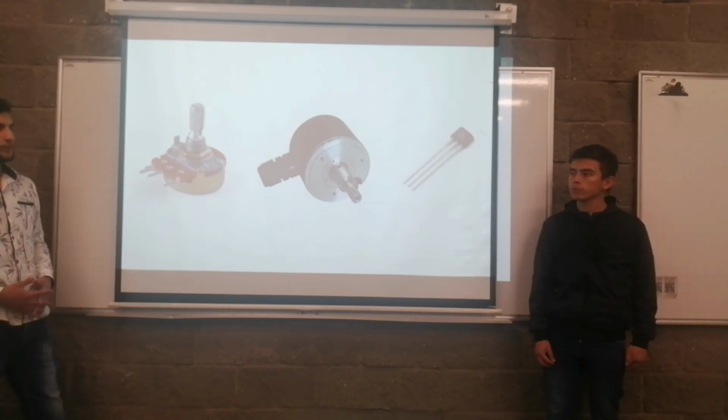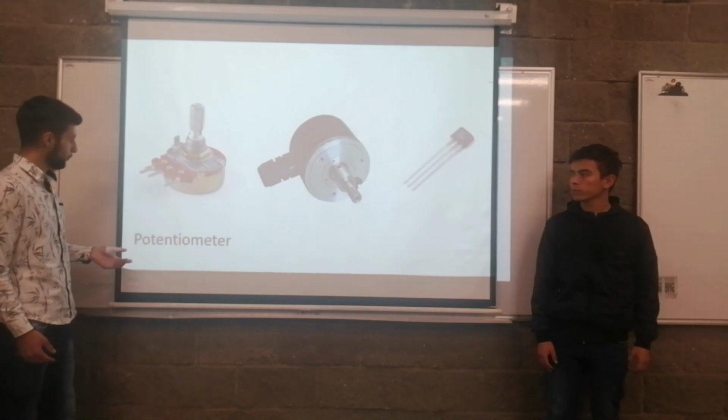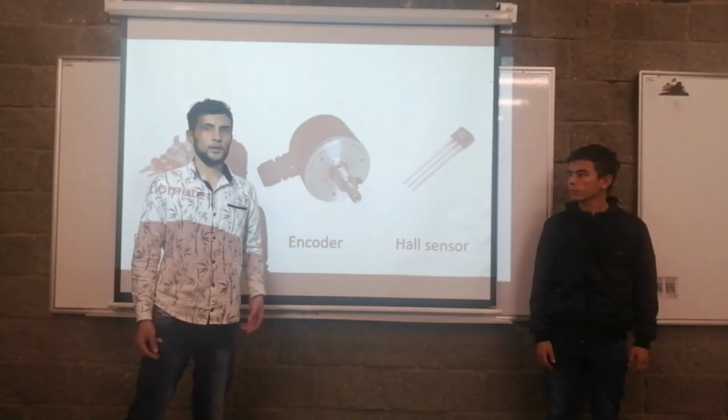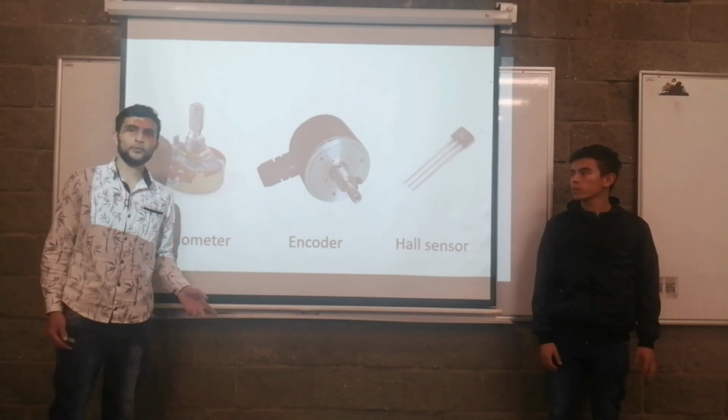Linear and angular position: we have a potentiometer, its output is analog; a Hall sensor, its output is digital; and an encoder, its output is digital.